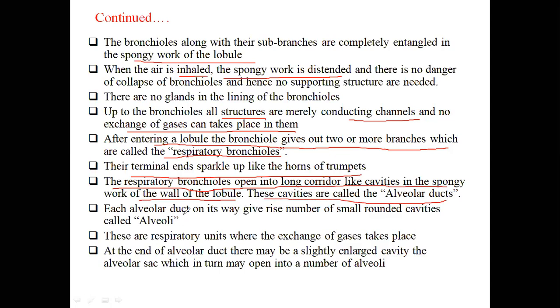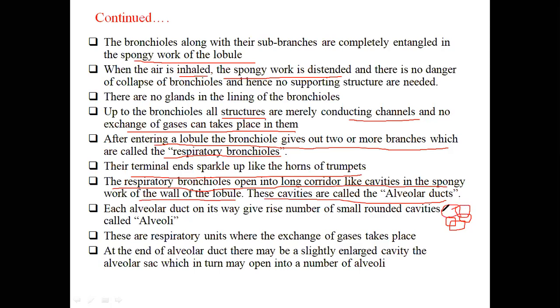So each alveolar duct on its way gives rise to a number of small rounded cavities called alveoli. So singularly it is called alveolus, and प्लुरली ज्यावेळेस खूप सारे अल्व्हिओलाई एकत्र येतात, then it is called alveolus.